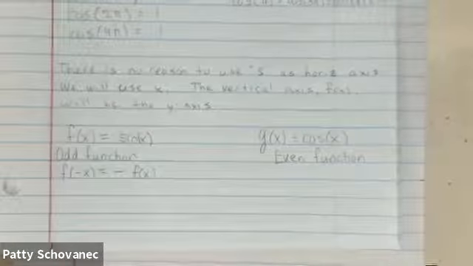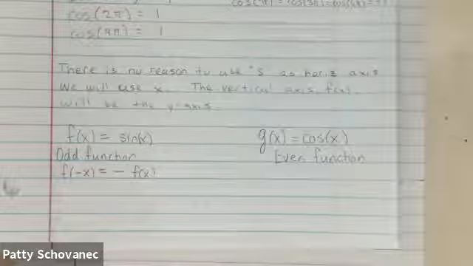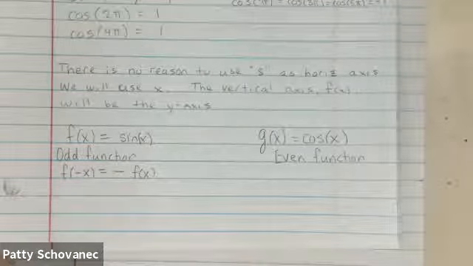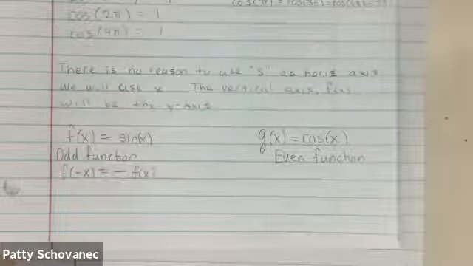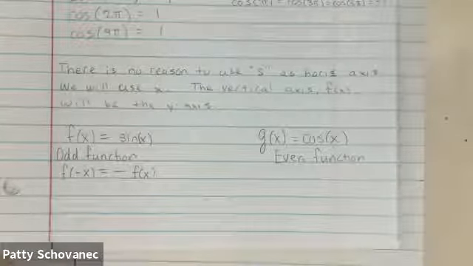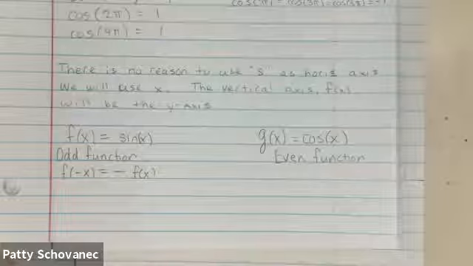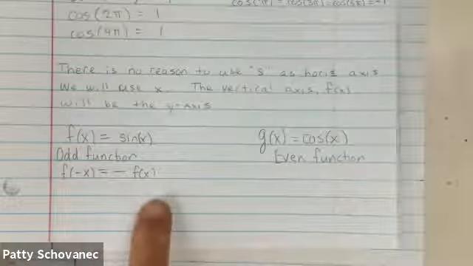It flips about the x-axis. So for instance, the sine of pi over 4 is a positive square root of 2 over 2. But the sine of negative pi over 4, since on the unit circle that's in quadrant 4, is a negative square root of 2 over 2. Same value, but opposite in sign.